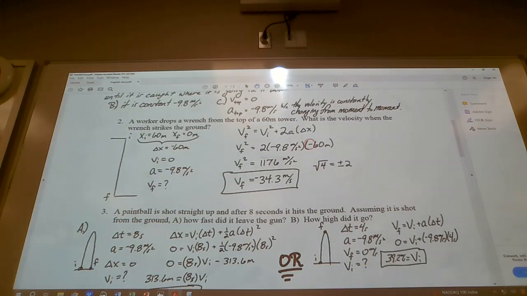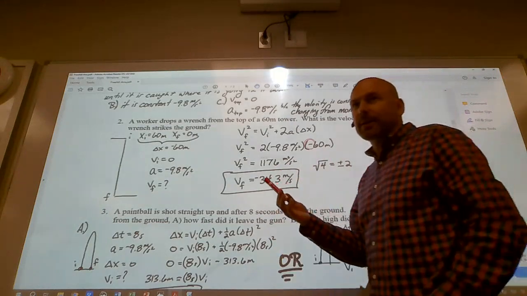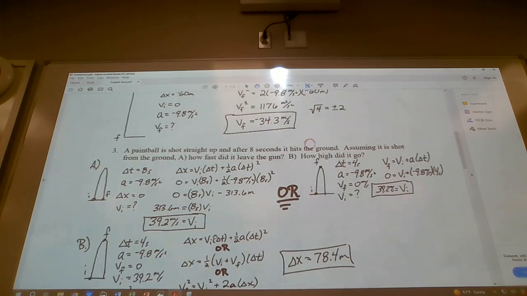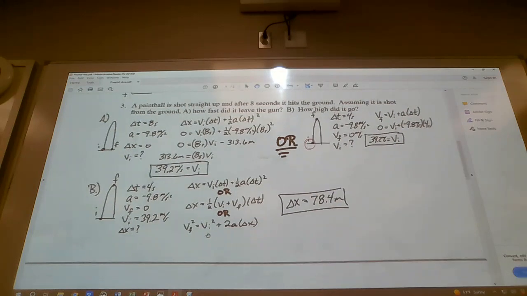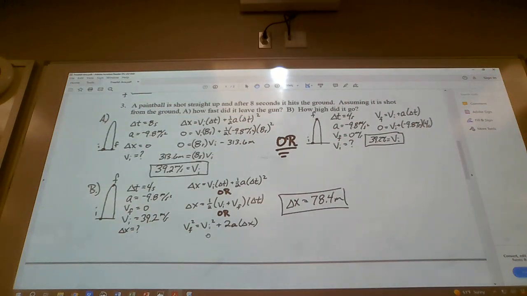Good with that? That was similar to a skydiver problem. And then when you take the square root, it's plus or minus, and you pick negative because it's moving downward.